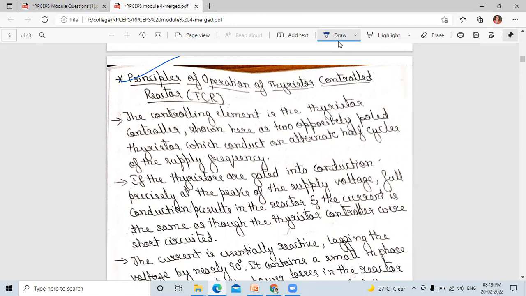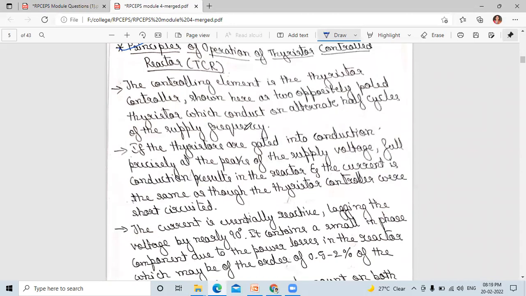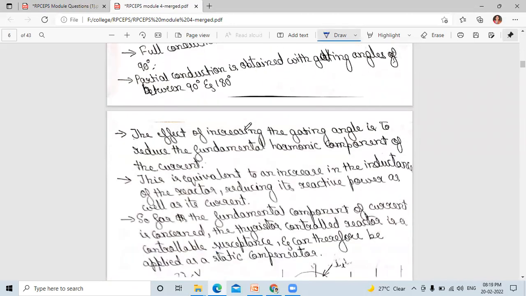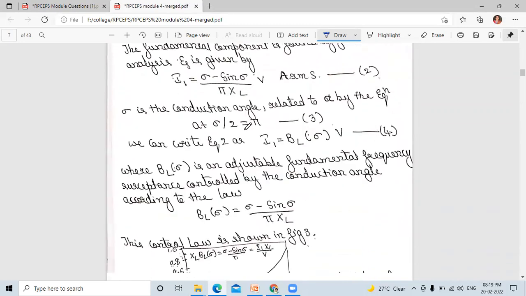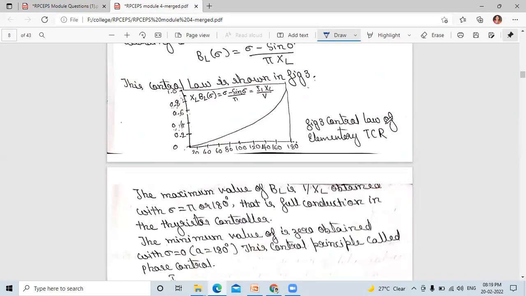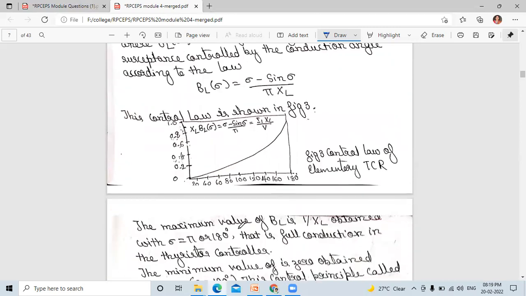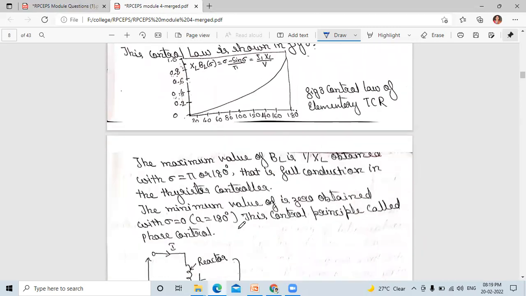From here you should write. Okay, you should write sentences, and you should write the waveforms and equations. Okay, and the control law of elementary TCR.